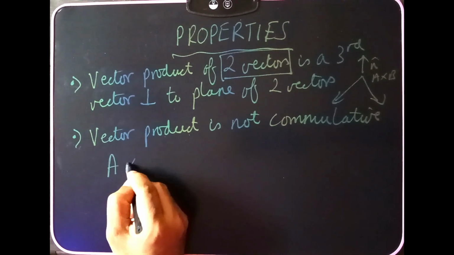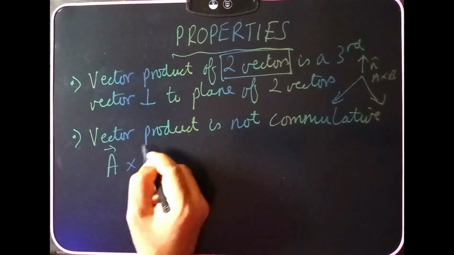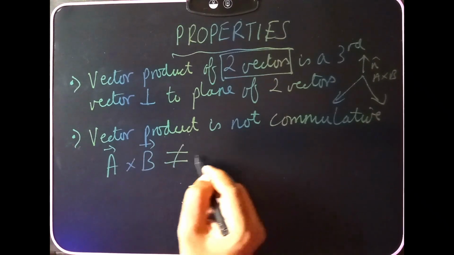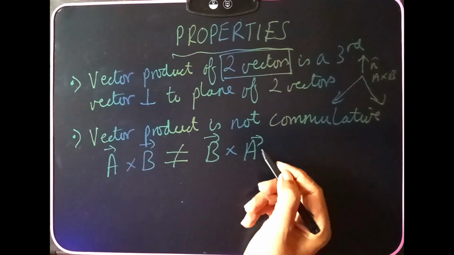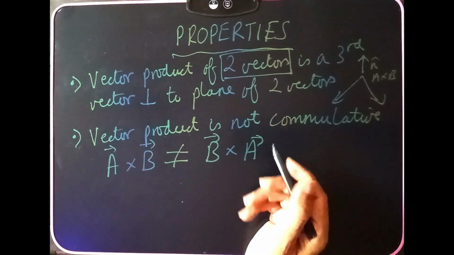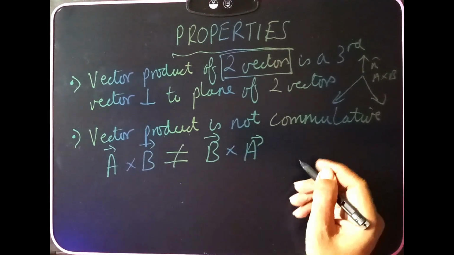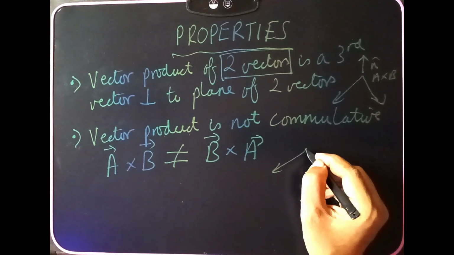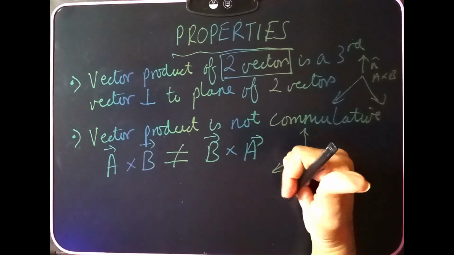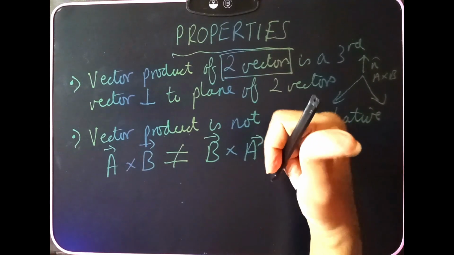A cross B is not equal to B cross A. Because when you do A cross B, as per the right hand thumb rule, the third vector is upward.